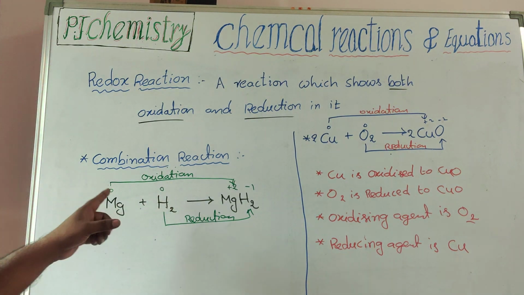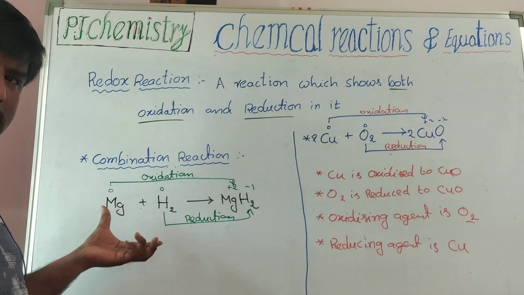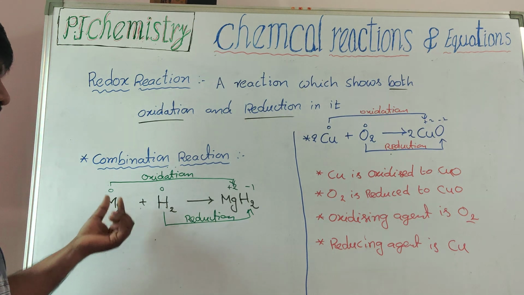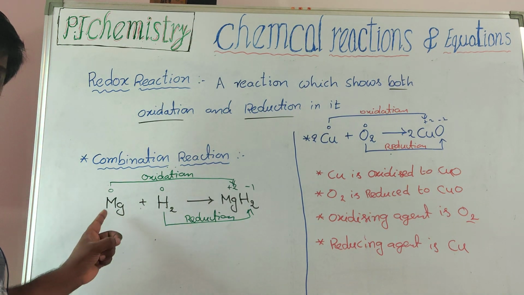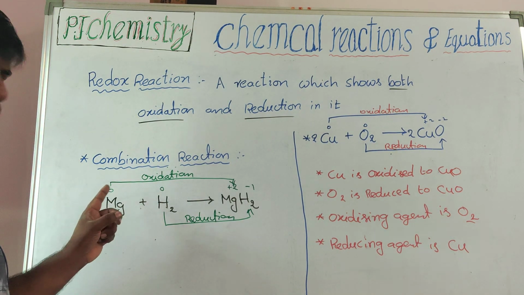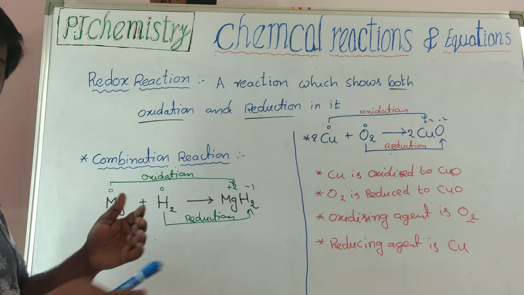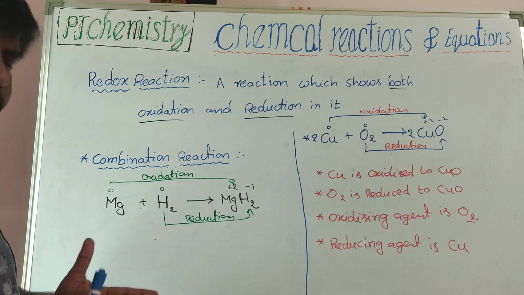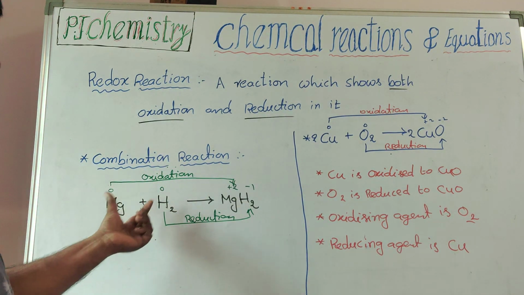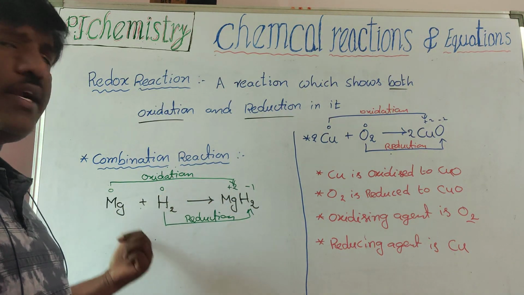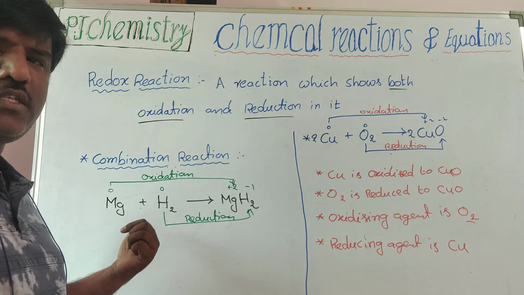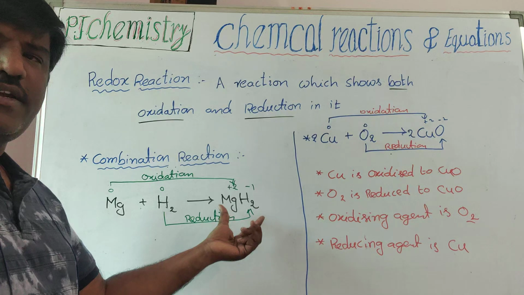At that time, we have to see based on oxidation number. In elementary form, oxidation numbers are 0: magnesium element 0, hydrogen element 0, before participating in the reaction. After reaction, these both combine, hydrogen added to magnesium, and magnesium hydride forms.